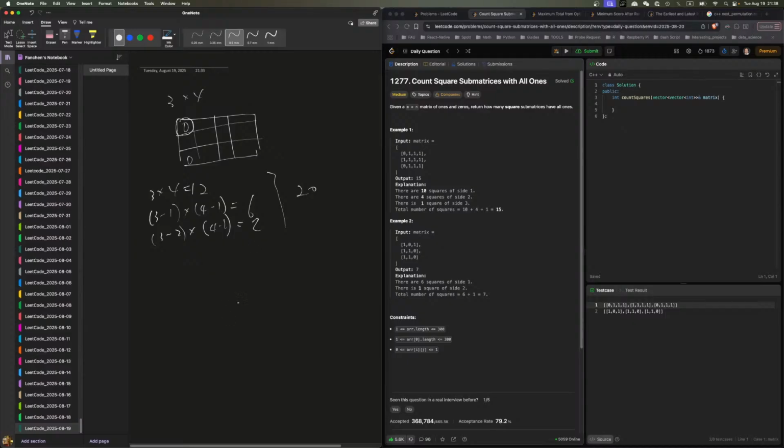Or maybe what we can do is to find the sum. Can we find the sum, like the sum of these 4 and the sum of these 9? Yes, we can, because there is a way to do this type of thing.